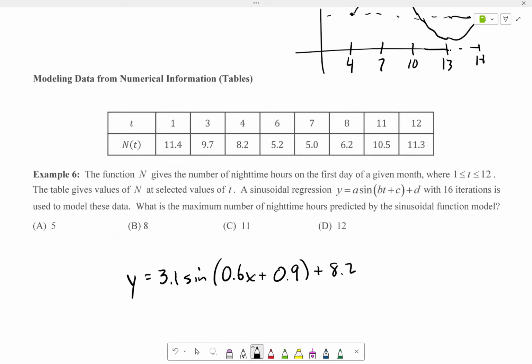Iteration means how often it changes course, so it's the least jagged. In general, just do 16. Yeah, so yes. 11.